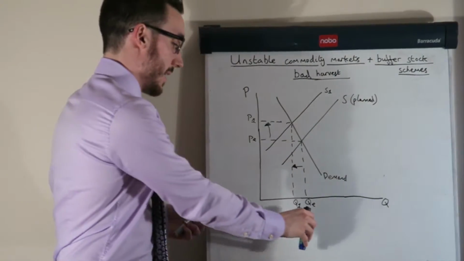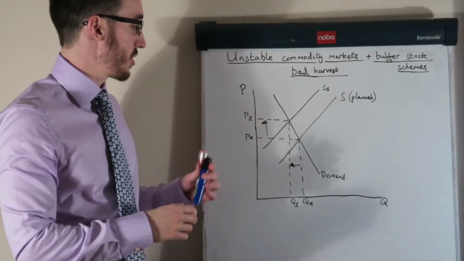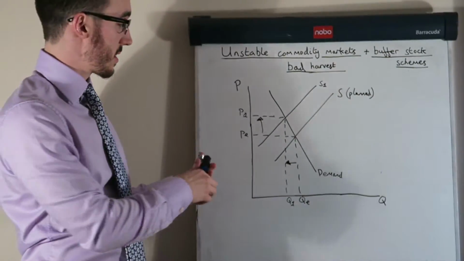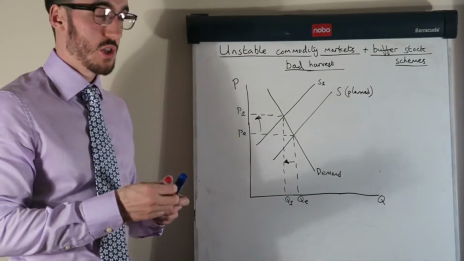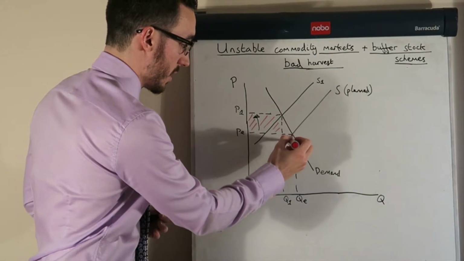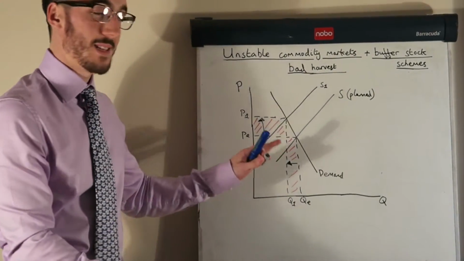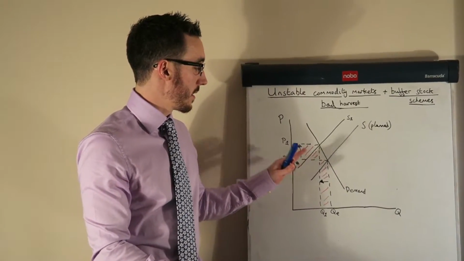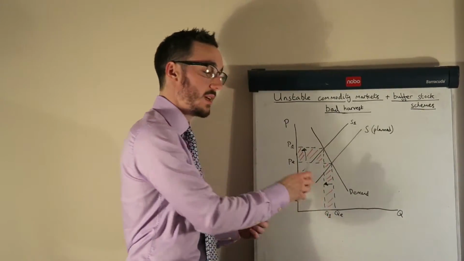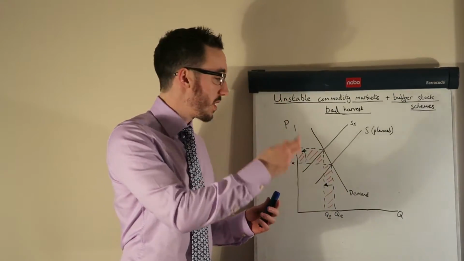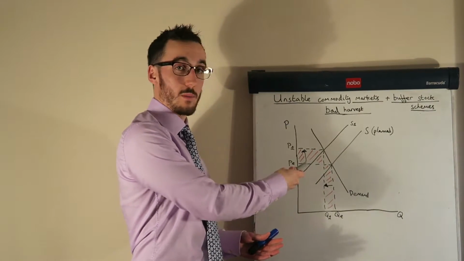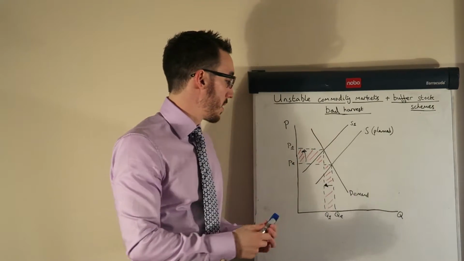So we have less quantity which is being produced than we originally thought, and that causes the price to go up by quite a large amount. As you can see here, and if you do this yourself, you will see that because demand is inelastic, that means that a small change in quantity, a small decrease in quantity, causes a large increase in the price, and that can cause a problem for an economy and for consumers.